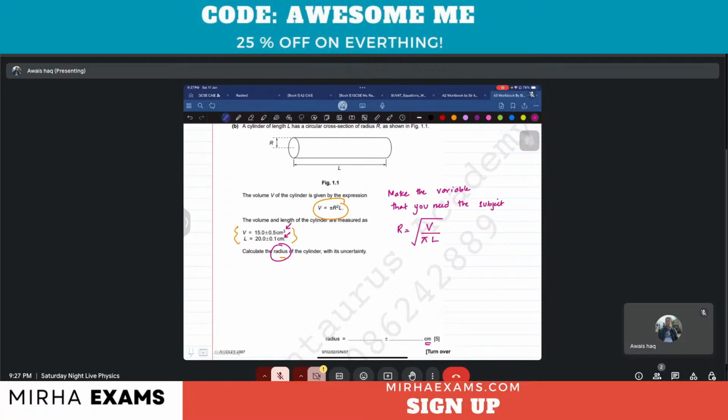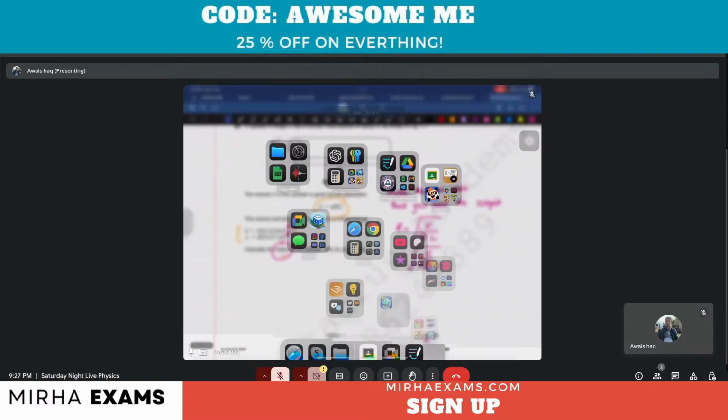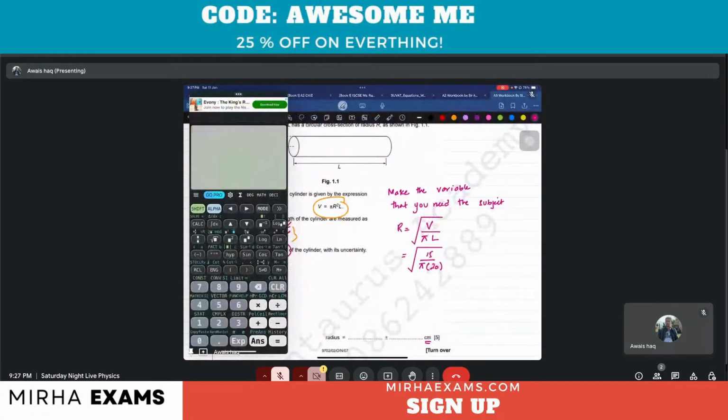Now, the next thing you have to do is find the value of this. Naturally, the volume is 15, then there's pi, and then obviously it's going to be 20. You could simply use your calculator and take the root. I really like these natural display calculators.